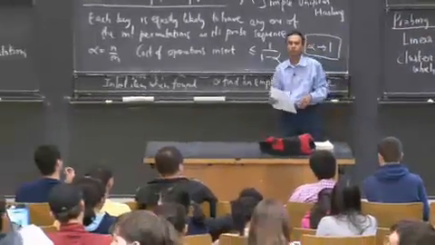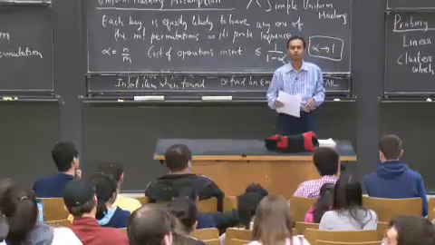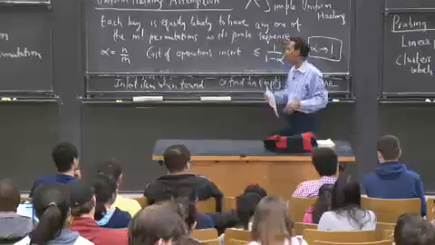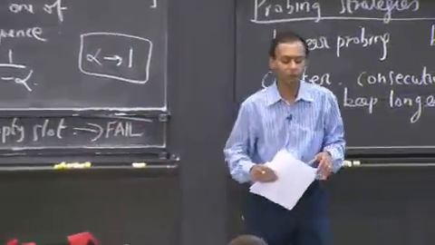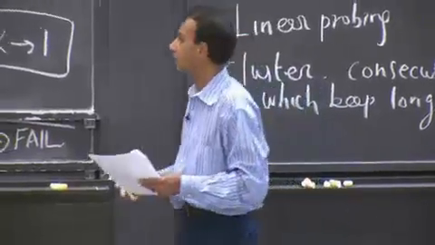Question. Yeah. Can you explain how you got the equation that the cost of operation insert is less than or equal to 1 over 1 minus alpha? Okay. So that's a longish proof, but let me explain to you how that comes out.